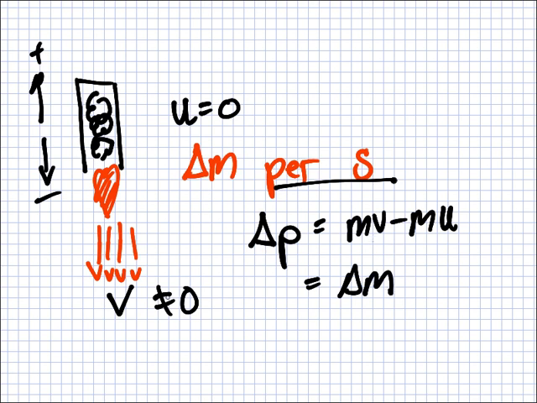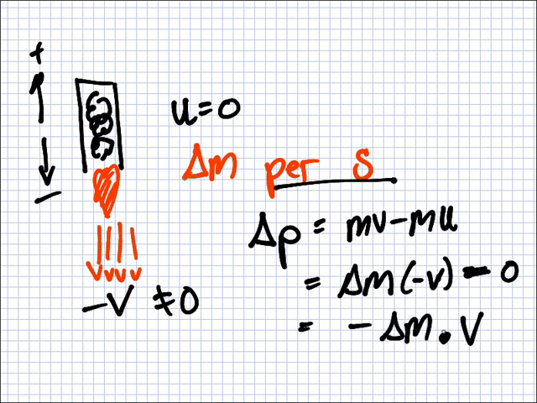And the v, we don't know, it's down though, so maybe I should call this a minus v to show that it's down. And what's the mu here? 0. So that's minus delta M times V. Now that's how fast the gas comes out.